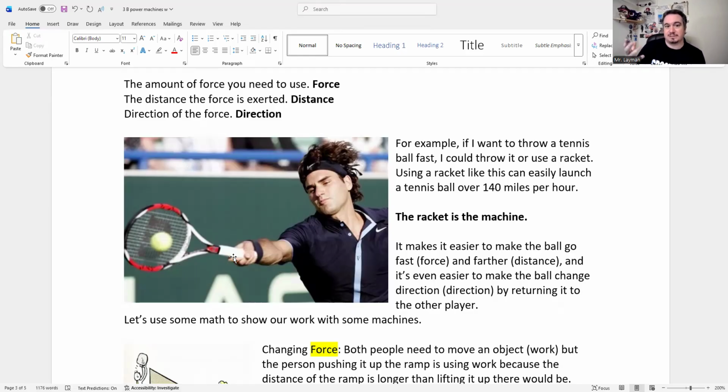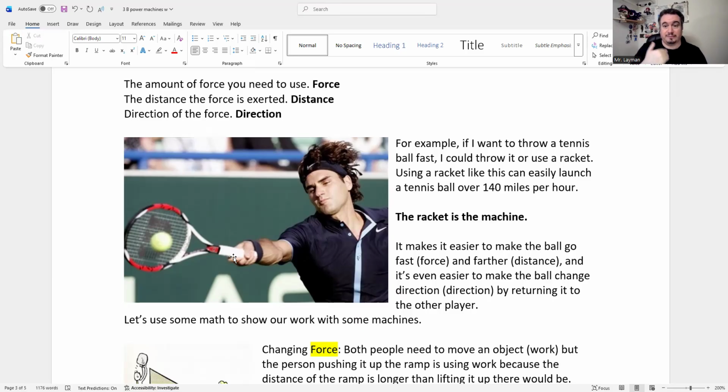In that instance, the baseball bat is the machine. In this instance right here, the tennis racket is the machine. It makes it easier to make the ball go fast. So, aka, I've increased the amount of force. So I'm increasing its speed and its velocity. Okay. I can make it go farther. So that's a distance.